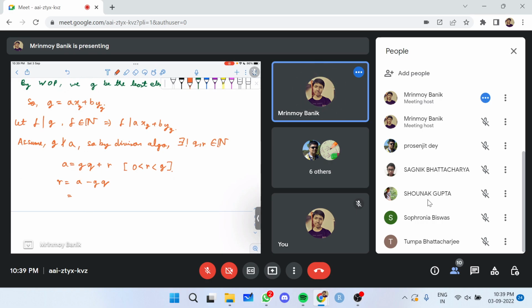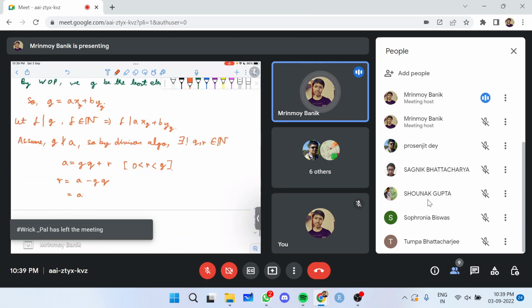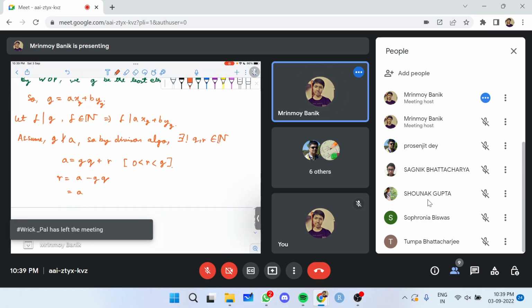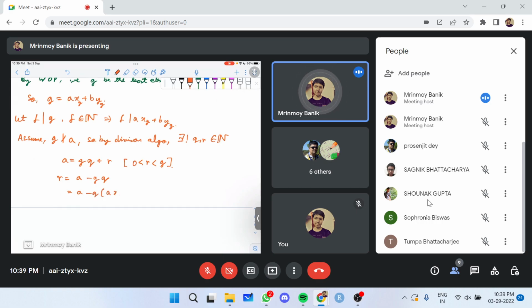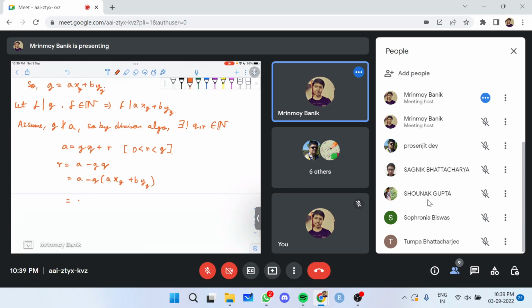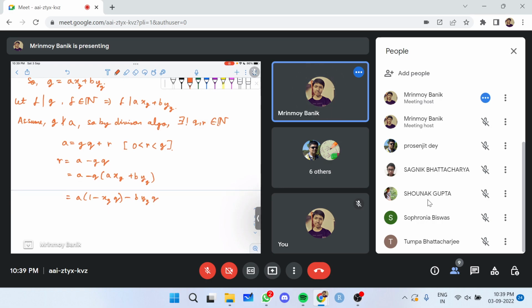So now, we can replace that. We know G equals a x_G plus b y_G. So replacing that, we get a x_G plus b y_G. Taking a common, we get a times (1 minus x_G q) minus b y_G q.